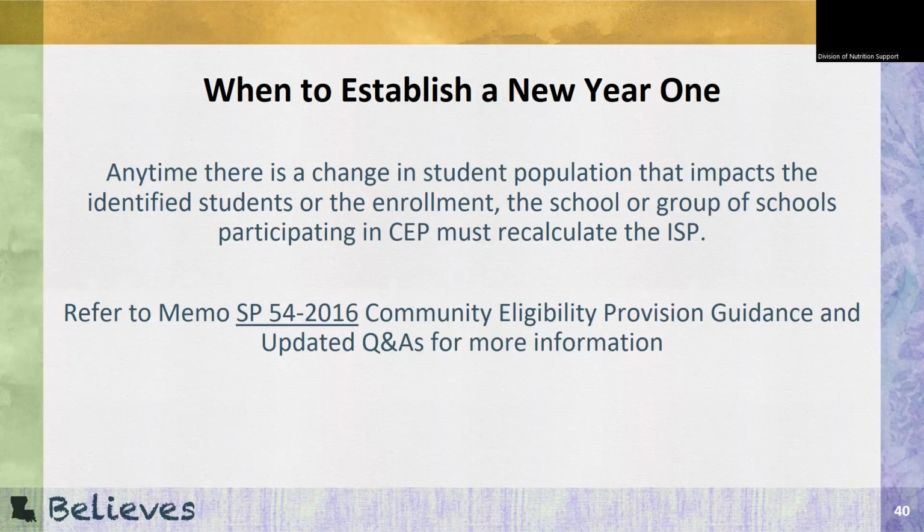Changes to a student population could indicate a change in the poverty level of the households served by the school and may require an ISP to be recalculated within a 4-year cycle, depending on the extent of the change and the entity involved. Please refer to Memo SP 54-2016, Community Eligibility Provision Guidance and Updated Questions and Answers for more information on when to establish a new Year 1.